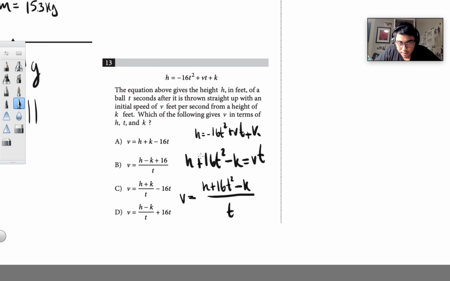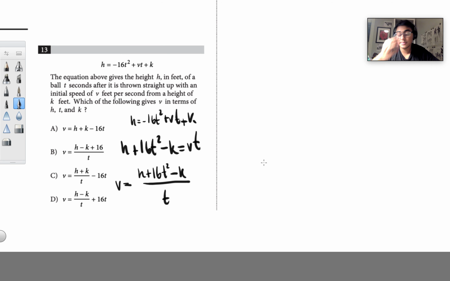Well, that's not one of the answers because it actually expects us to simplify the answer a little bit more. So we have this t here. We can separate the 16t squared over t. So it'll be h minus k over t plus 16t squared over t, right?